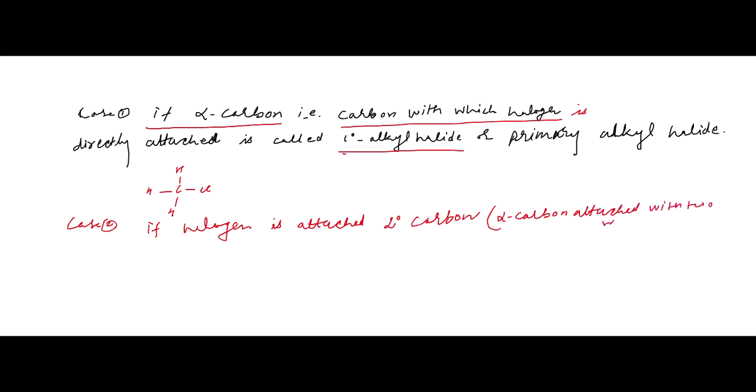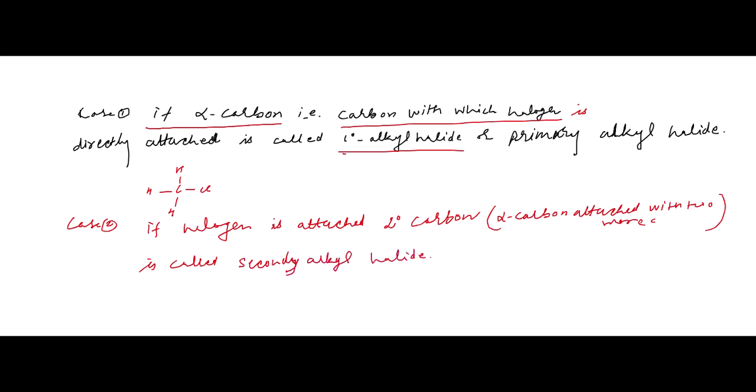Okay. And what is alpha carbon? The carbon with which halogen is directly attached. So if the halogen is attached to 2-degree carbon, what is called? Secondary alkyl halide.